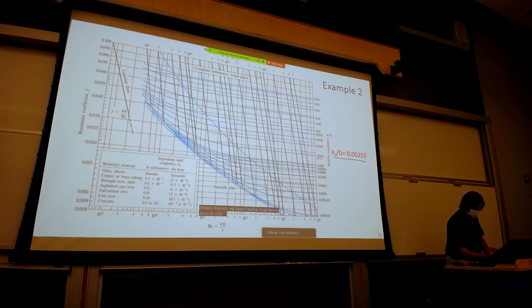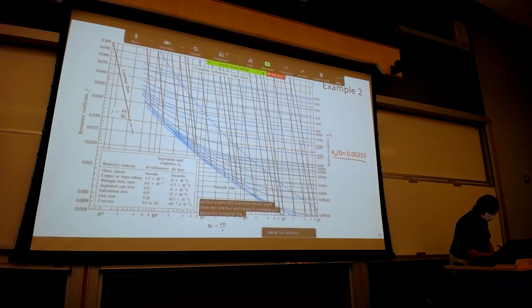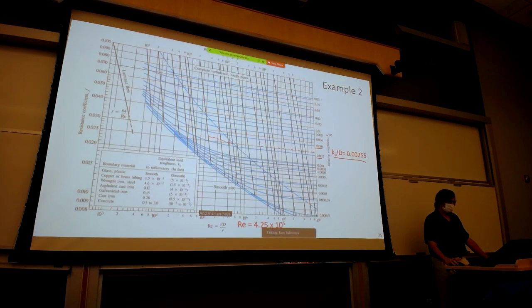So we have one contour of 0.002, another contour of 0.003, and visually it's probably just above this horizontal line. And it starts to curve. And then we have a Reynolds number of 4.25 times 10 to the 5th.